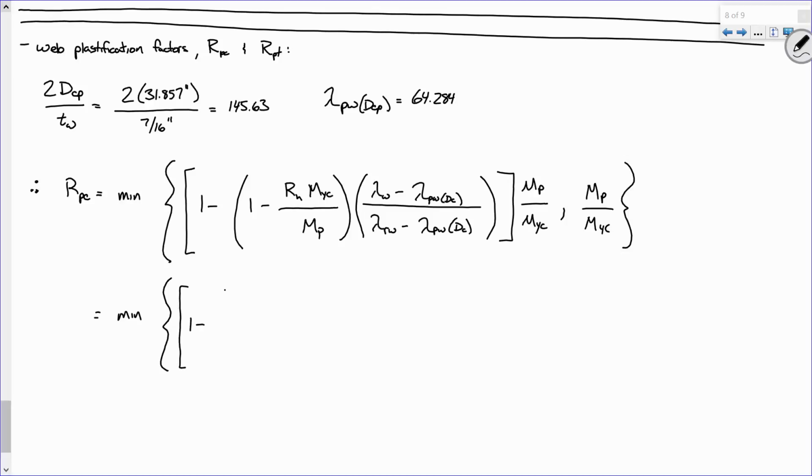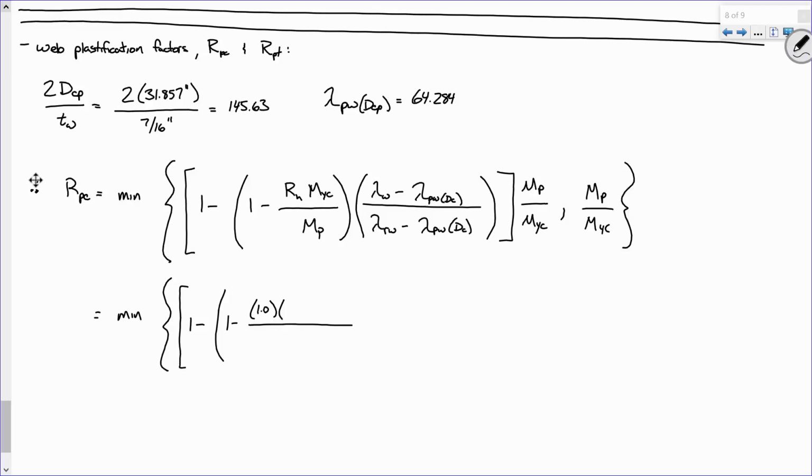So 1 minus, 1 minus. I promise that's not a typo. Our hybrid girder factor is 1.0. Our MYC, what was MYC? Does anybody remember that?